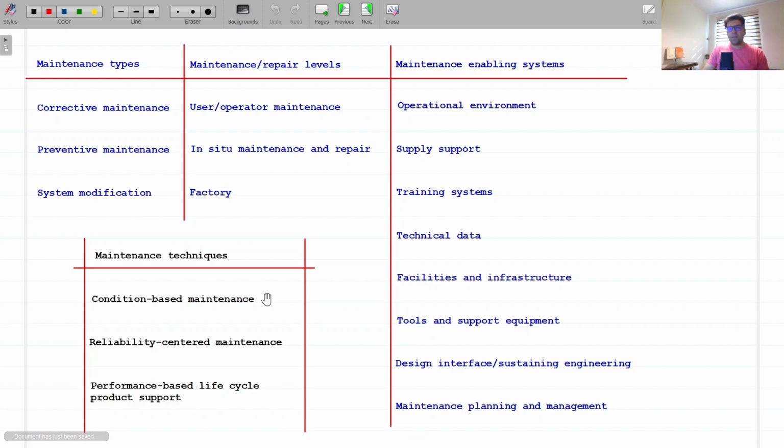Condition based maintenance, or CBM, is a strategy to improve system reliability by reducing the amount of time the system is unavailable while conducting routine or corrective maintenance.